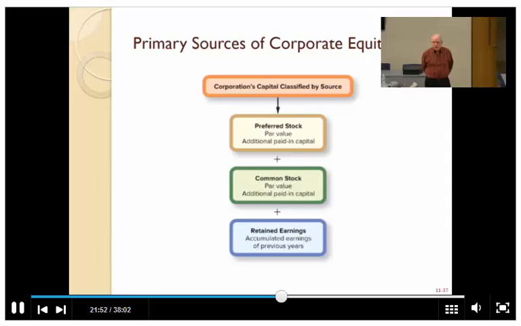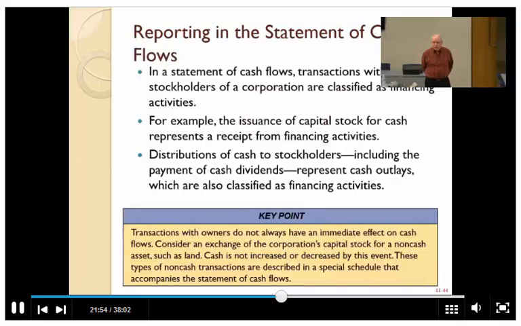Okay, now, we're doing the statement of cash flows as a separate chapter later on. But kind of as a preparation for that, when we issue common stock, it's disclosed in the financing section.